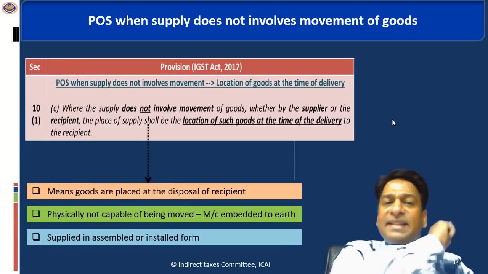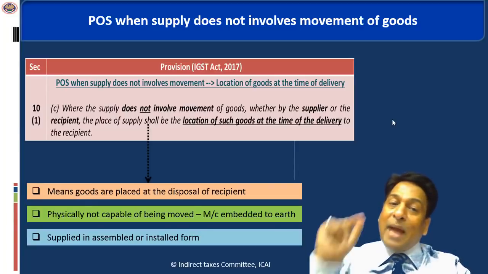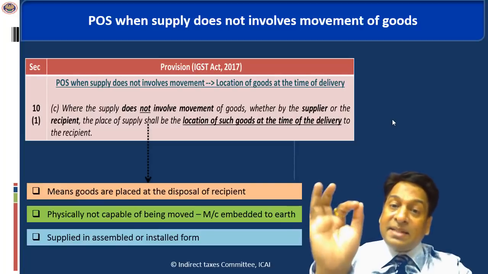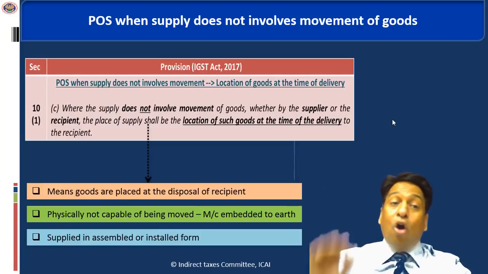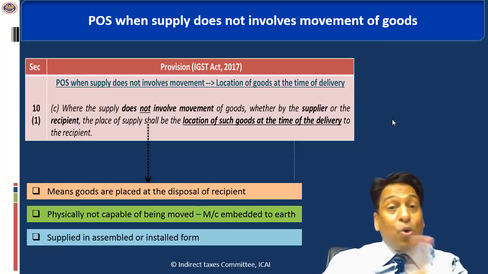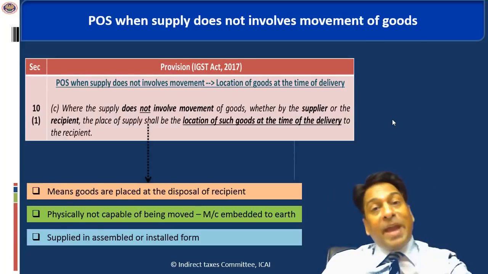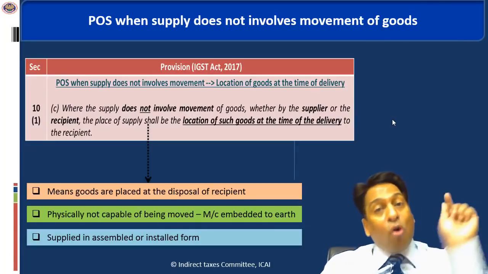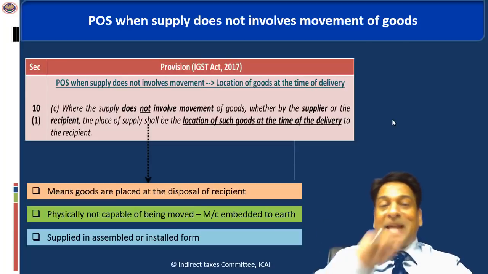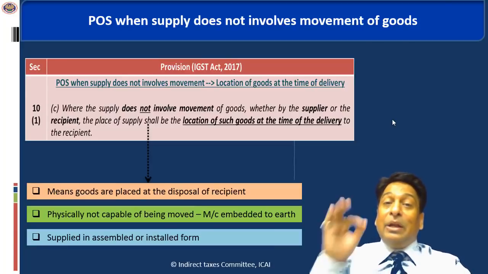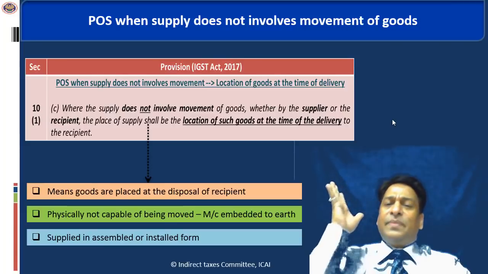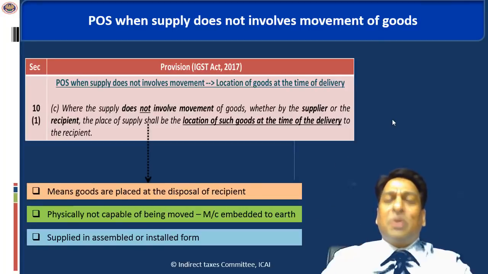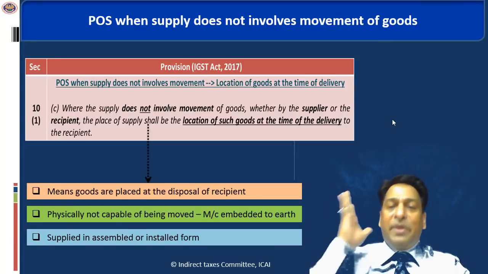So 10(1)(c) says that where the supply does not involve movement of goods, whether by the supplier or by the recipient, but there is no other person, which we have read in 10(1)(a). It is only whether by supplier or by recipient. The place of supply shall be the location of such goods at the time of delivery to the recipient.